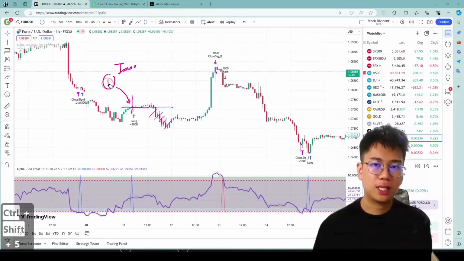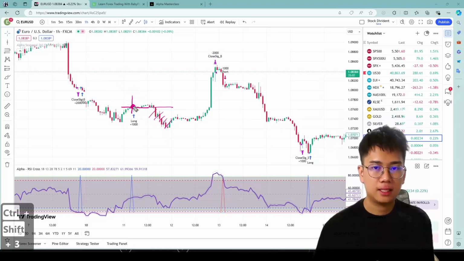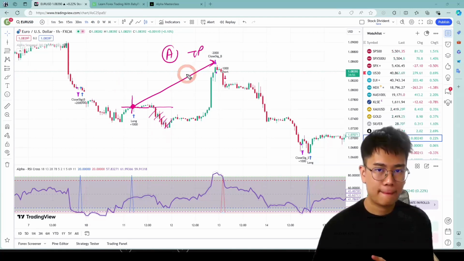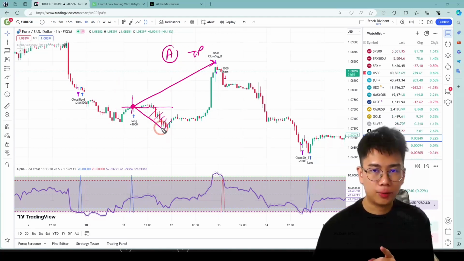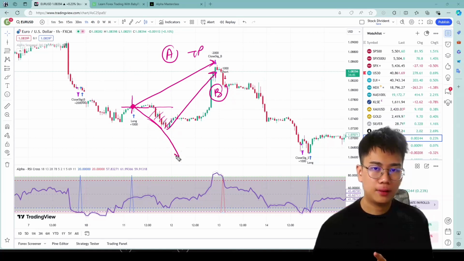I'll let you choose which case you want to happen. Number one, the market here just goes straight up, then TP. This is case A. Case B, market pulls back and then only goes to TP. And number three, the market comes all the way down and hits stop loss.